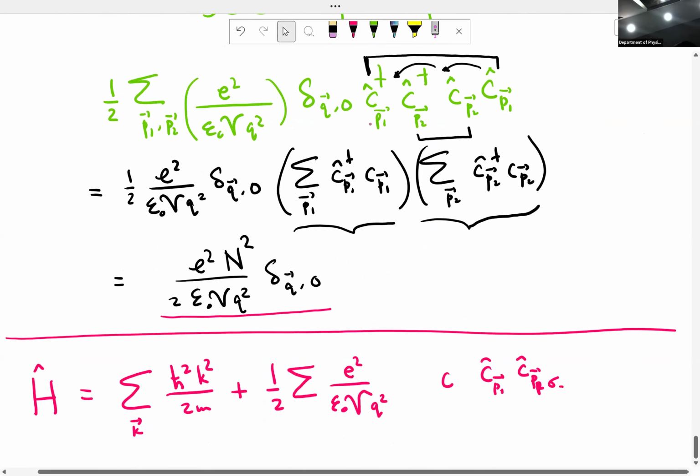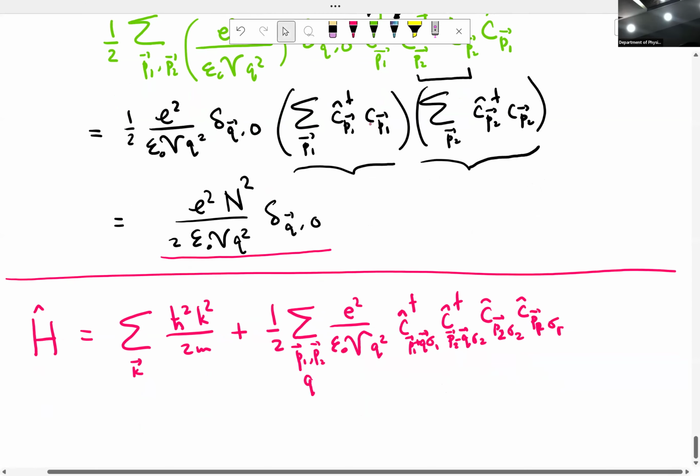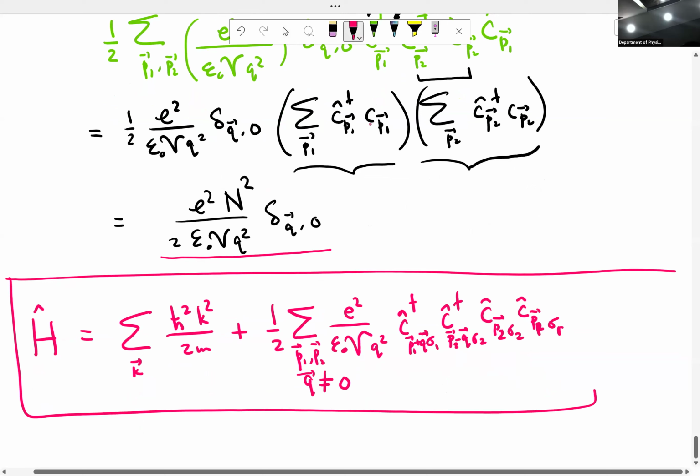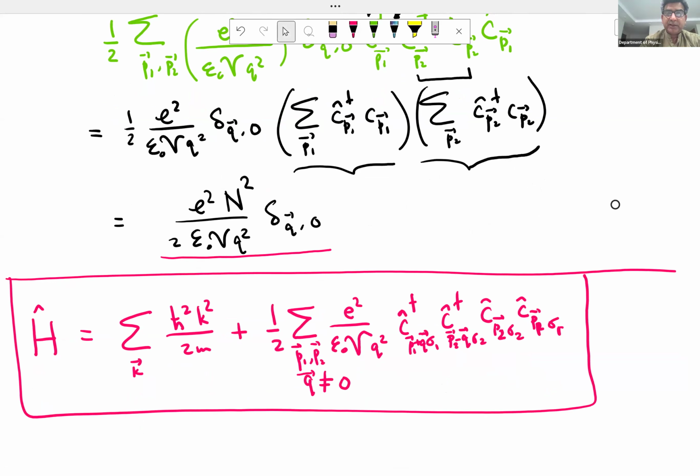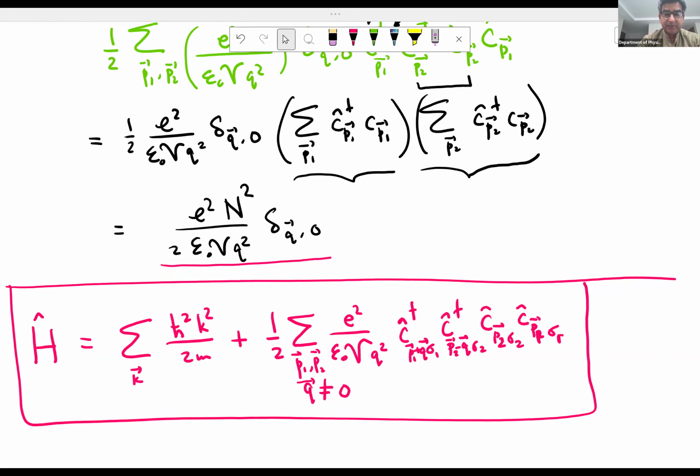This is CP1, CP2, sigma 1, sigma 2, CP2 minus Q, sigma 2, dagger, CP1 plus Q, sigma 1, dagger. You need to take the sum over P1, sum over P2, and you need to take a sum over Q, but Q cannot be equal to 0. So this is the Hamiltonian for interacting electrons which are connected together by the Coulombic repulsion.